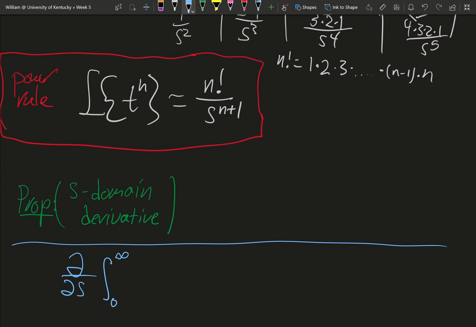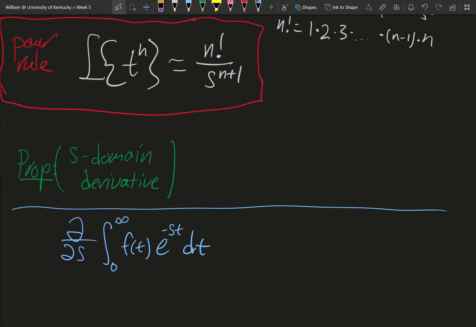Well, in this case, t and s are truly separate variables, and so I can just take the partial derivative with respect to s, and it doesn't matter, just like it doesn't matter what order I integrate things if I have truly separate variables. It doesn't matter if I integrate and then take the derivative or take the derivative and then integrate.